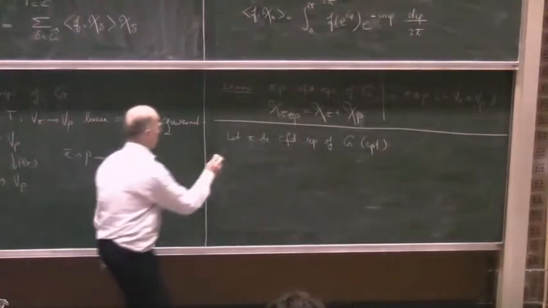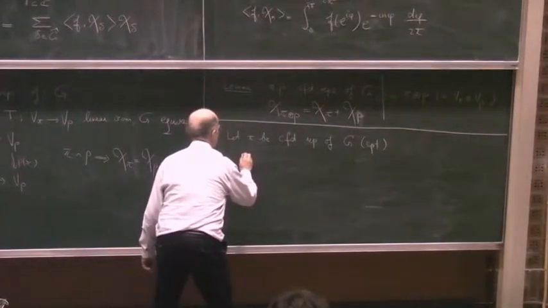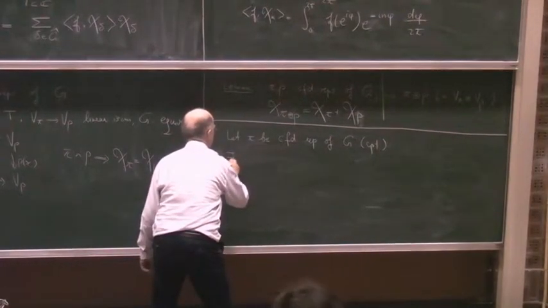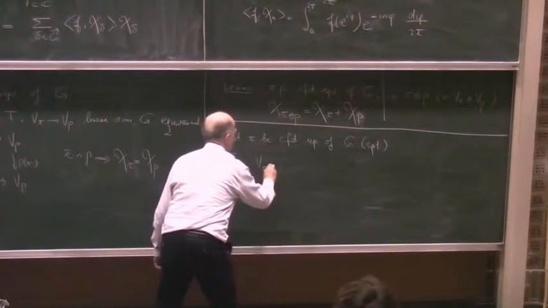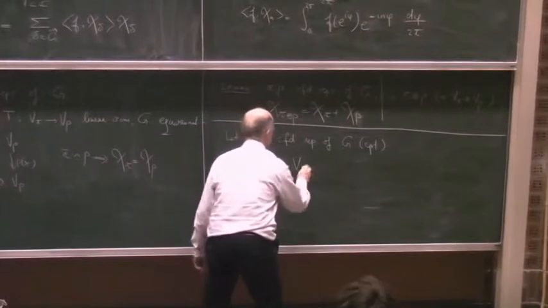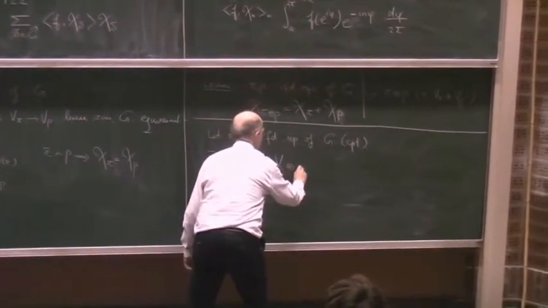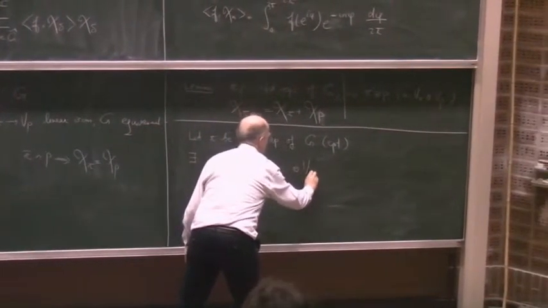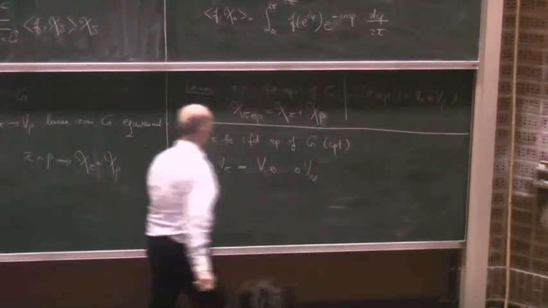Then we know that there exists a direct sum decomposition of V pi into irreducible subspaces up to V_N.